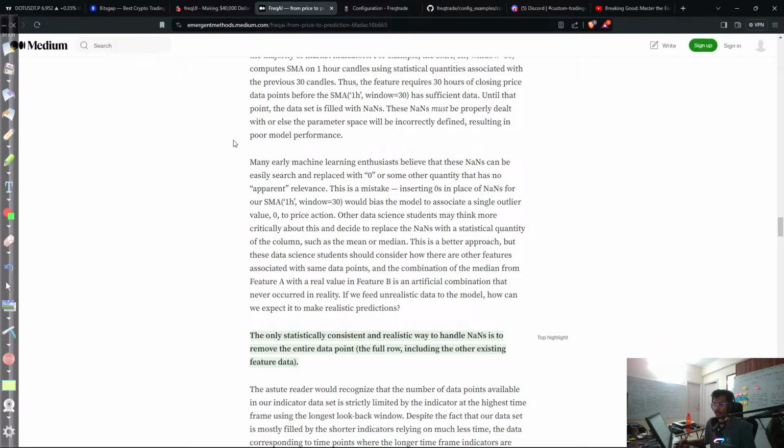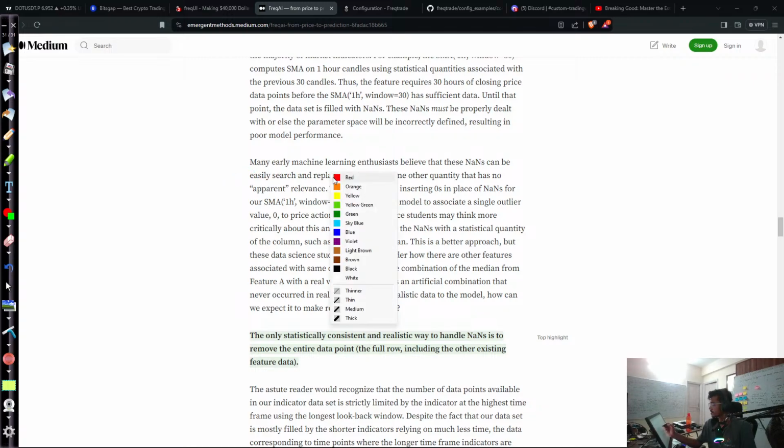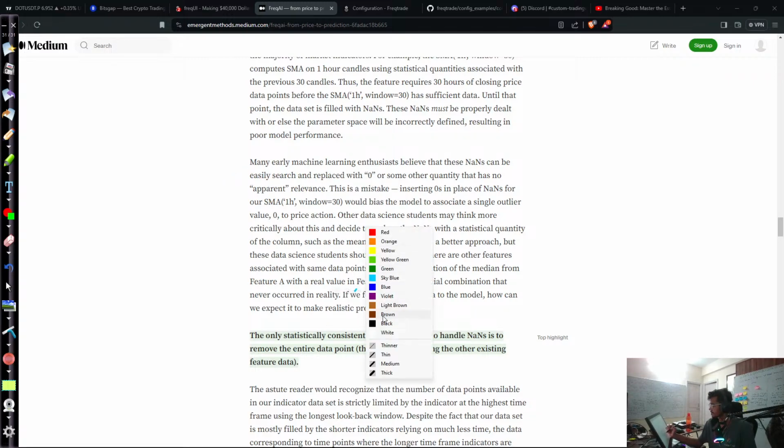So we were here, we were talking about this. This would bias the model to associate a single outlier value 0 to price action, right? So we have to focus on that one to remove the bias.